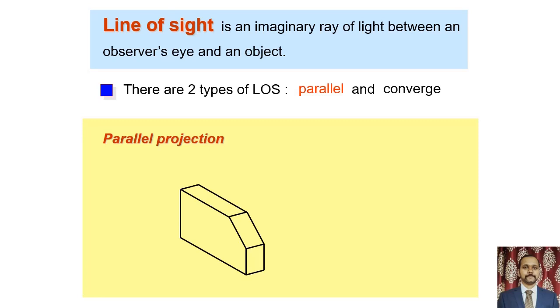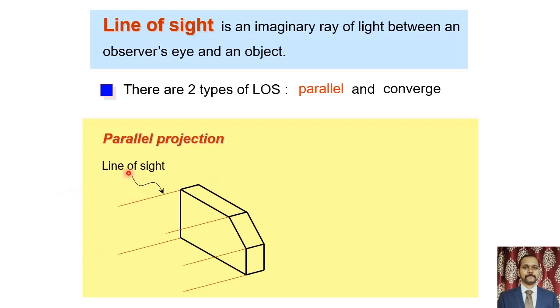Parallel projection is when we are going to see any object in front of us. This is the line of sight, this is the object, and you, the observer, are seeing this object from this side.